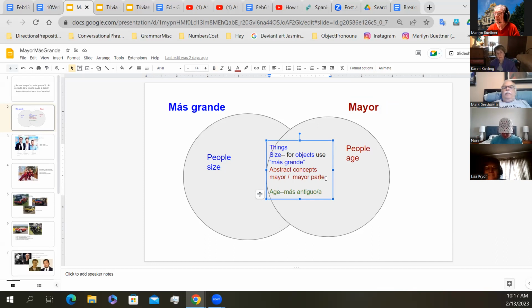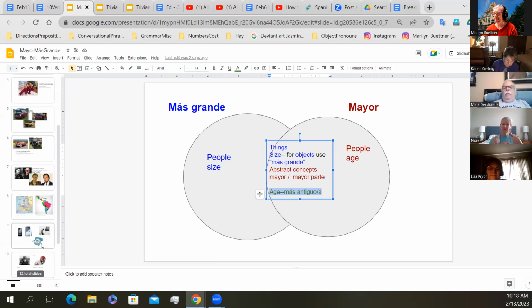Maybe you'll use mayor for abstract concepts, but if you're talking about age of items, like a car being older, or this clothing is older, that idea of más antiguo, or you might even use más viejo, maybe, but más antiguo gives it that idea of it's older in age. That's a frequent thing. Okay.